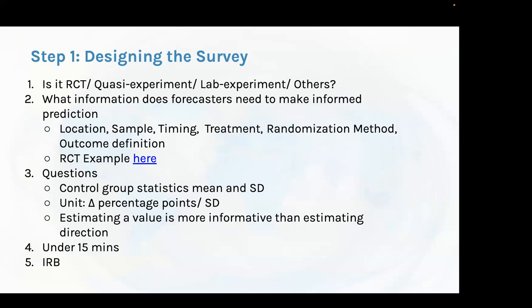In that you may also want to provide some control group statistics, for example, the mean and the standard deviations in the control group. You also want to think about what unit you want to use for prediction elicitation. Is it a change in percentage points, or is it a change in standard deviation comparing the treatment and the control group?